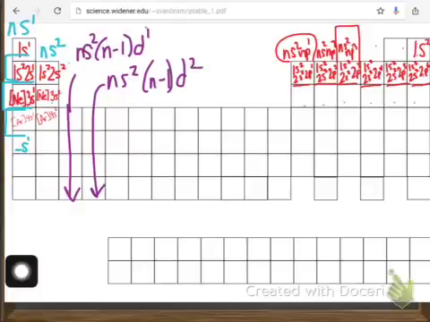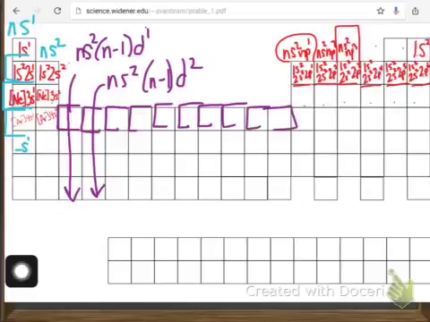So everything in this middle area, well, how many orbitals are there in a D subshell? 5, so we can hold 10 electrons. Let's see, how many elements can we fit in here? 1, 2, 3, 4. Does anybody have a prediction? 10! 5, 6, 7, 8, 9, 10! It's crazy.